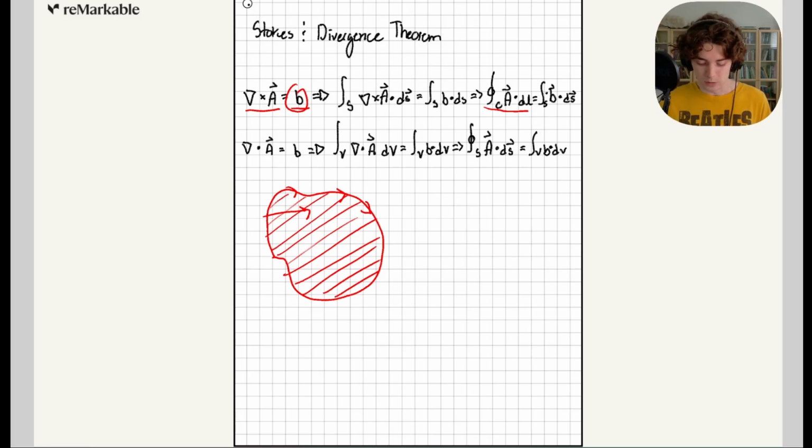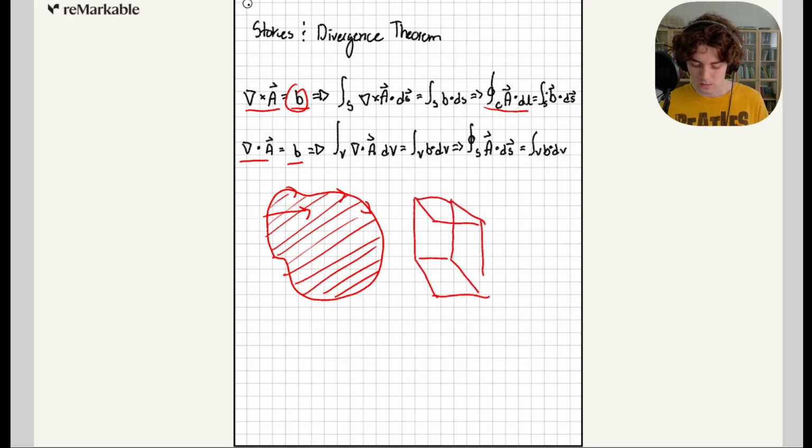Similarly, the divergence theorem tells us that if the divergence of A equals some quantity B, then we can know that for an arbitrary closed surface, so an arbitrary closed surface can be any surface that encloses a volume. So in this case, we can use a square.